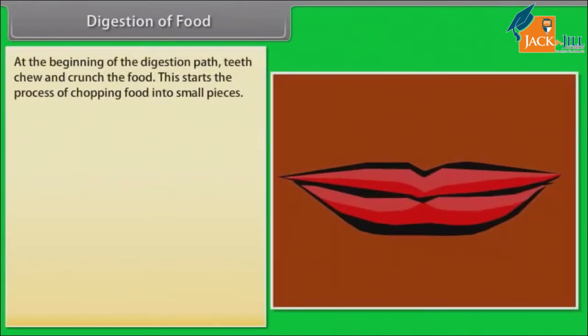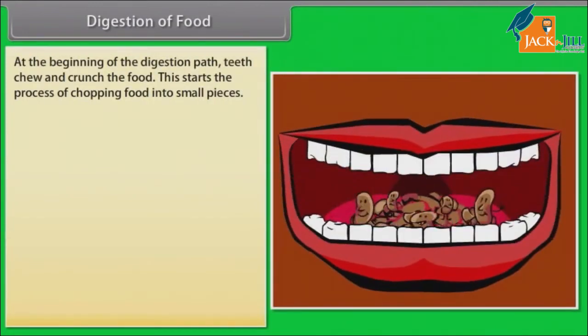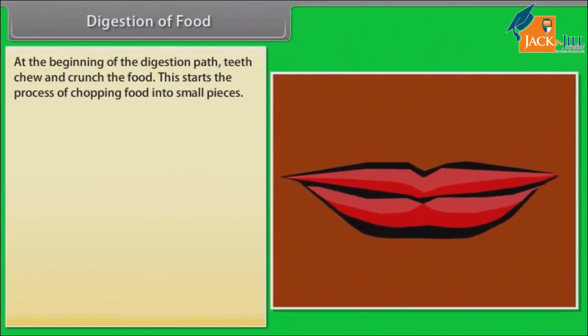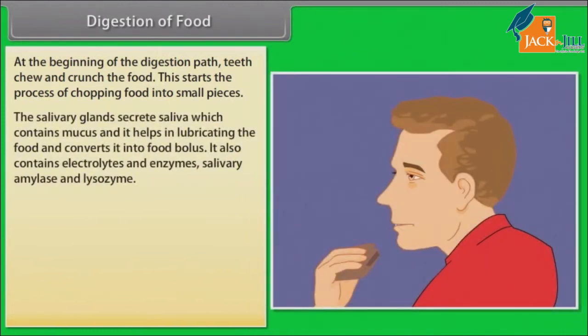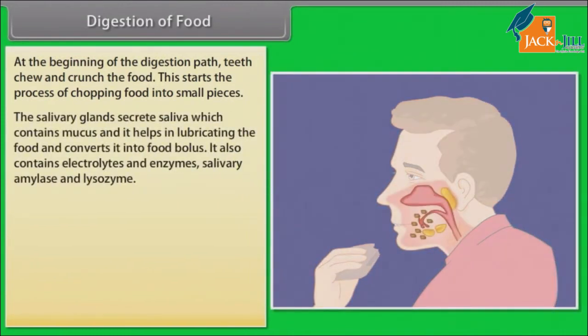Digestion of food. At the beginning of the digestion path, teeth chew and crunch the food. This starts the process of chopping food into small pieces. The salivary gland secretes saliva which contains mucus and it helps in lubricating the food and converts it into food bolus. It also contains electrolytes and enzymes, salivary amylase and lysozyme.